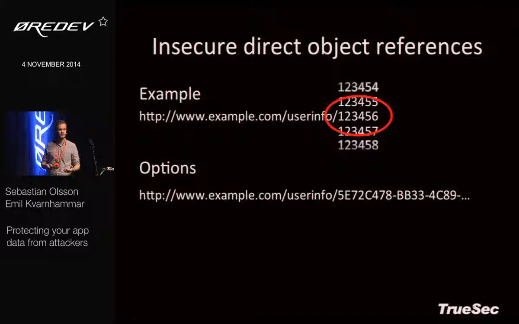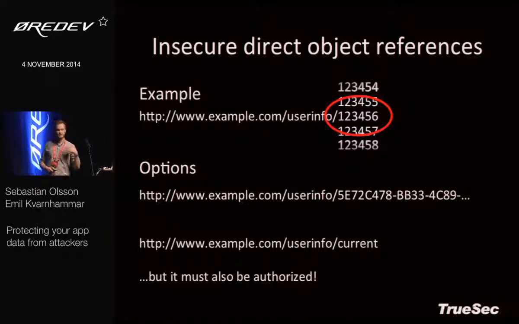And you have to ask yourself, is the user supposed to be able to view other users' profiles? Probably not. And in that case, why do you present them with a parameter that makes them able to do so? So a better interface would be, for example, just user info or user info current or something like that, where you take the information that you have after you've been authenticated and put that in your session or what have you, and use that to fetch your user info.